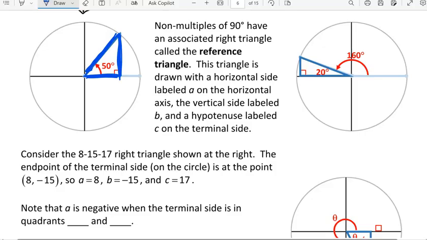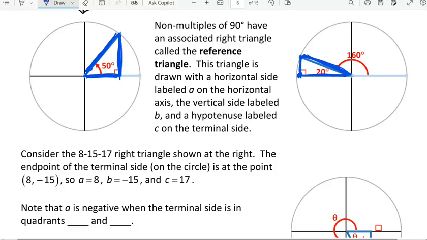Same thing for the obtuse angle, which is on the right here. Our terminal side is the hypotenuse, and we drop down from that endpoint to the closest x-axis, and then the other leg of that right triangle is on the x-axis. Now, 160 and 20 are supplementary angles because when we're in quadrant 2, those two angles form a straight angle.